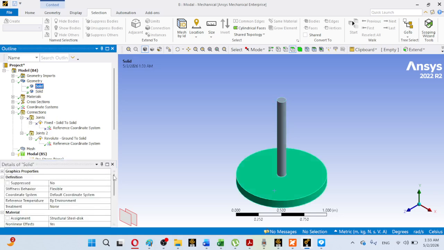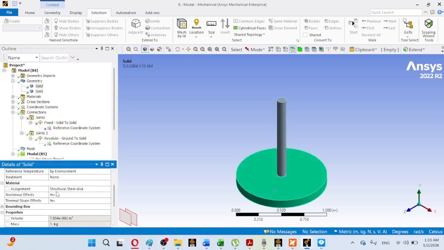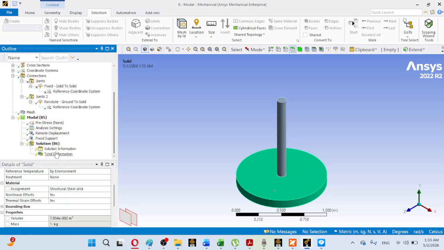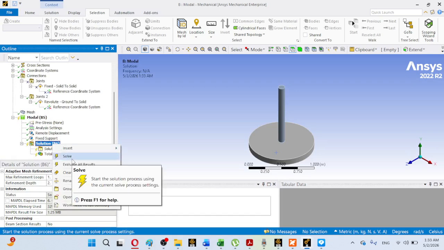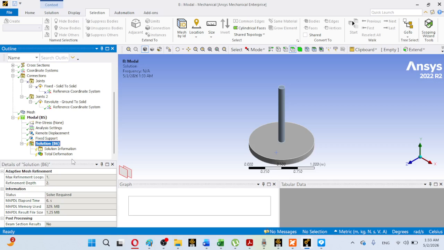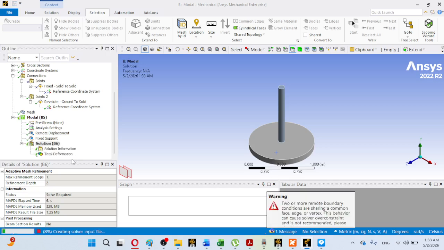This rigid disc is structural steel. So the respective materials have been used, and after that, finally you will click on solution and click on solve, and you will obtain the results.